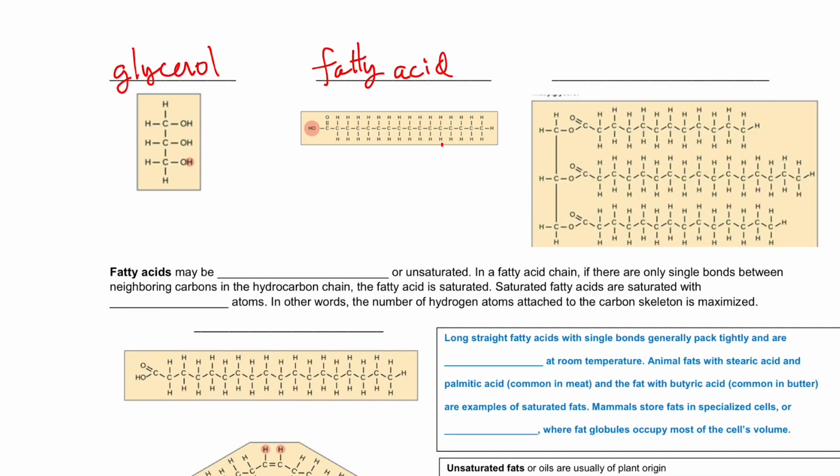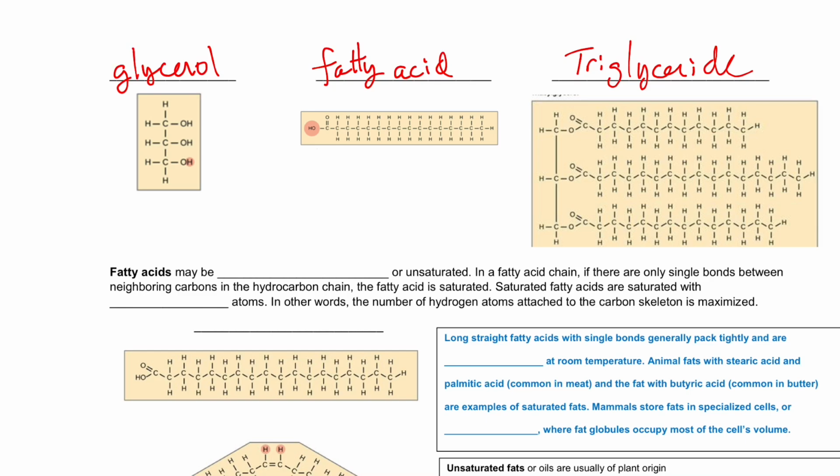And here we see a fatty acid, which is a hydrocarbon chain, and you'll notice that it's a straight chain. All right, that is, the carbons all have 4 bonds, and it forms a very straight molecule.